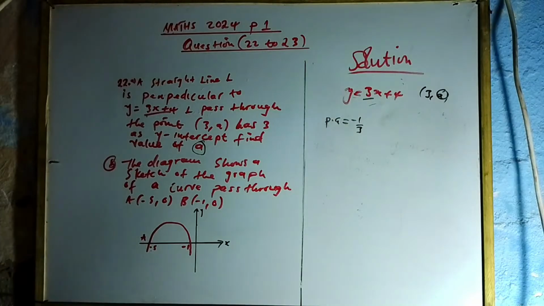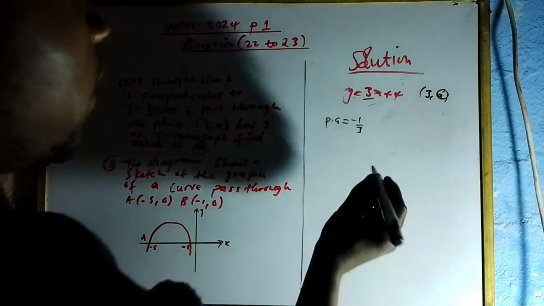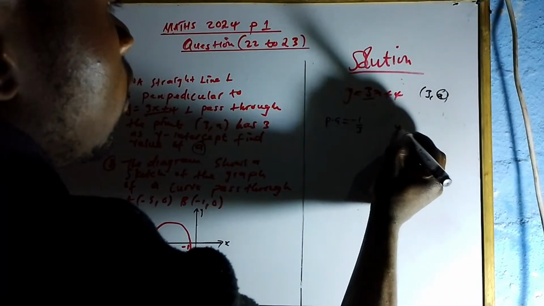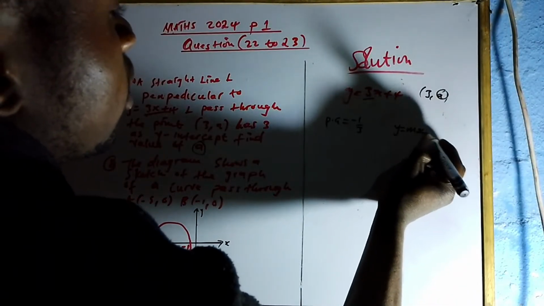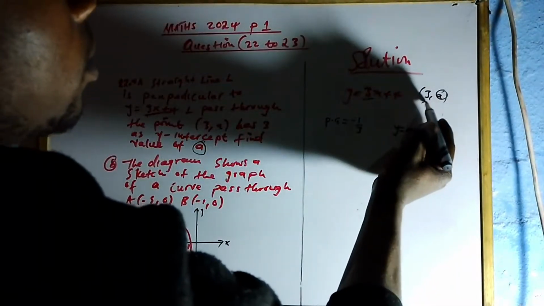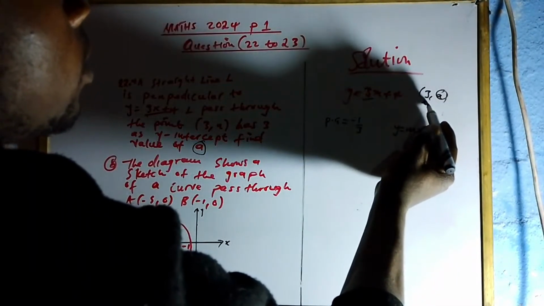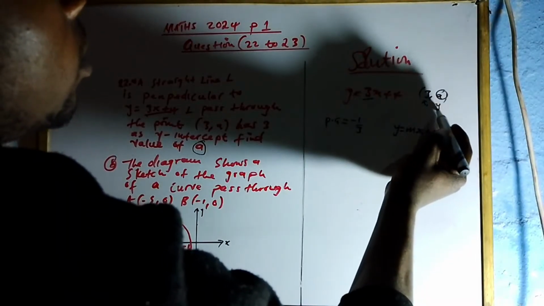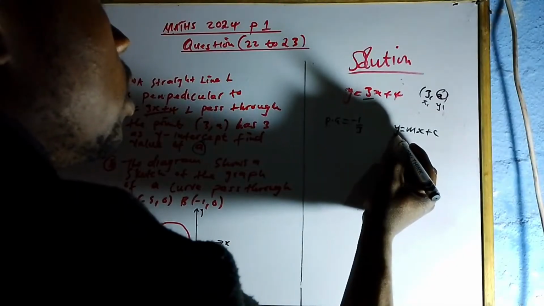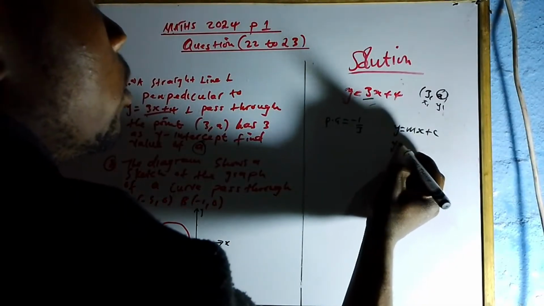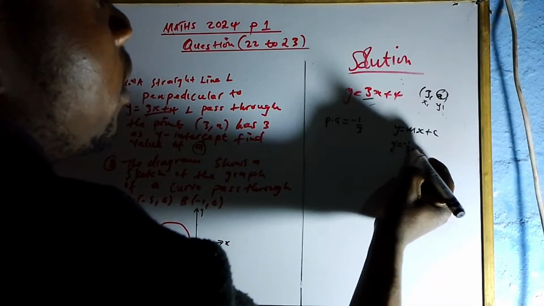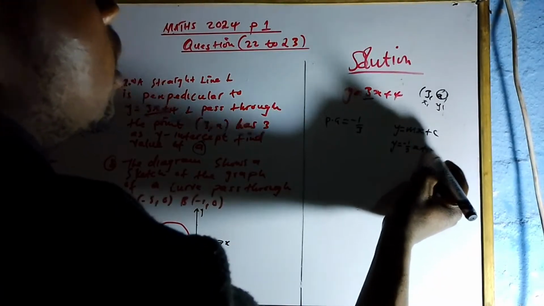Okay, so now we are going to use this equation, y equals mx plus c. From this coordinate which has been given, we have x1 and y1. Here we have y equals the gradient, minus 1 over 3, x plus c.